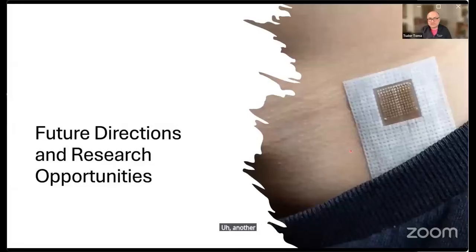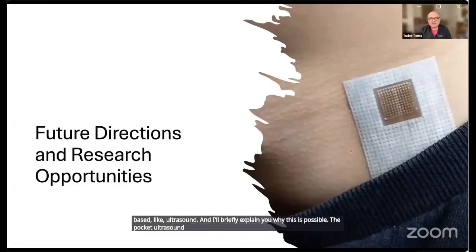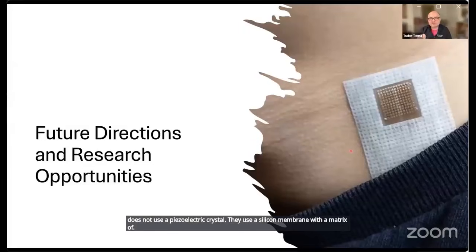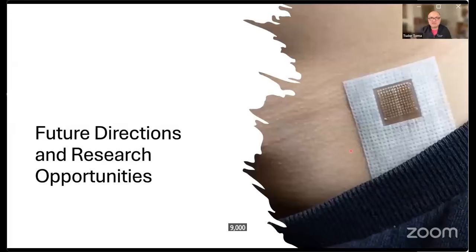Another area which is interesting is the plaster-based ultrasound, and I'll briefly explain why this is possible. The pocket ultrasound that I've shown you at the beginning, the Butterfly system, does not use a piezoelectric crystal. They use a silicon membrane with a matrix of 9,000 tiny little speakers that will generate the ultrasound.